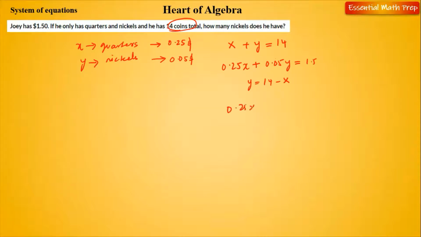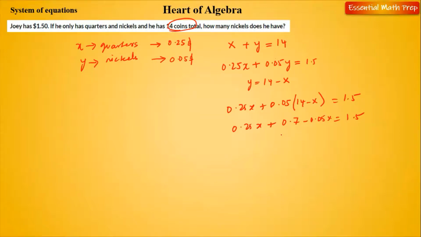So 0.25X plus 0.05 times 14 minus X equals 1.5, right? I just substituted in place of Y. So 14 times 0.05 is 0.7, minus 0.05X, equals 1.5, plus 0.25X.